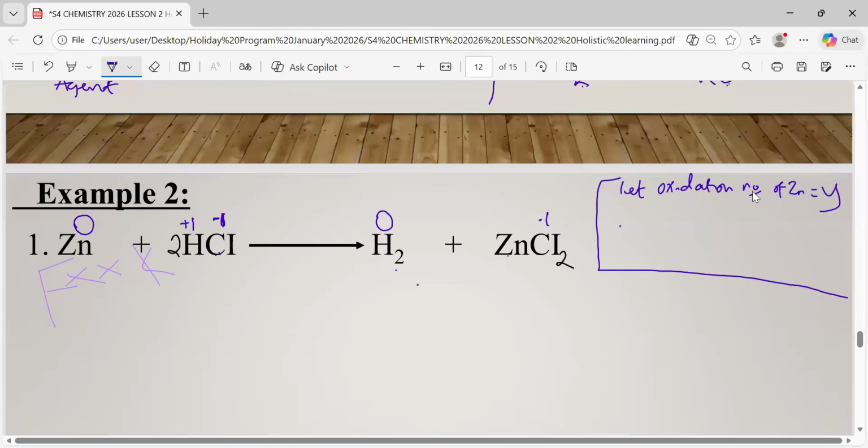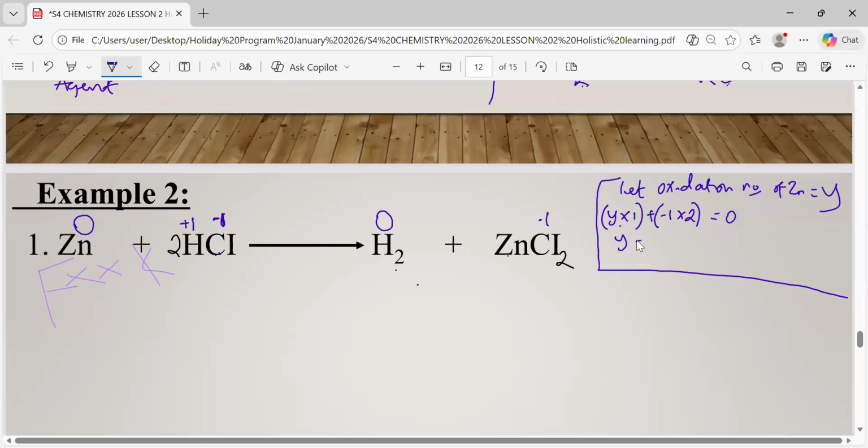So the oxidation state of it is Y times 1, since it is only 1 atom of zinc, plus chlorine, which is -1 times 2, equal to 0.